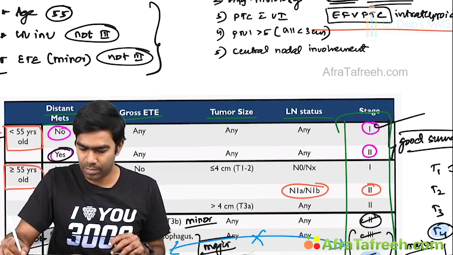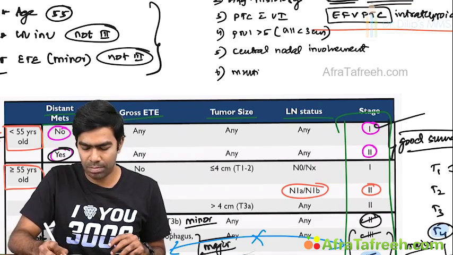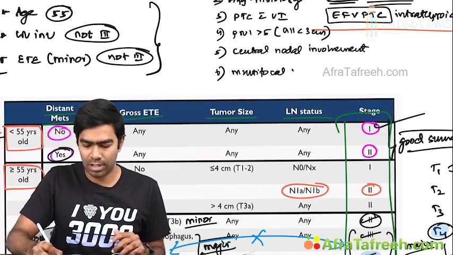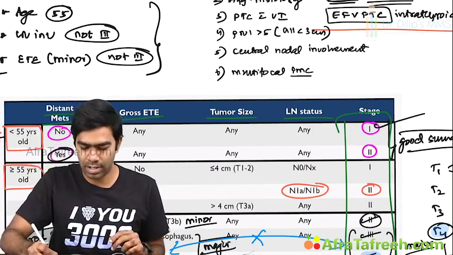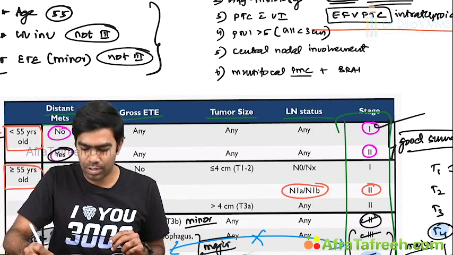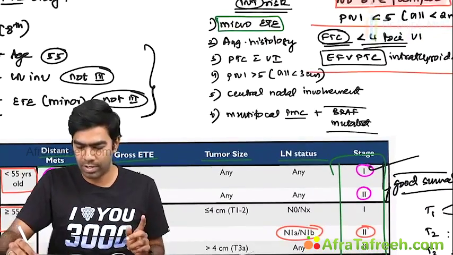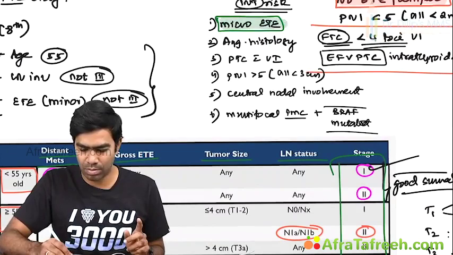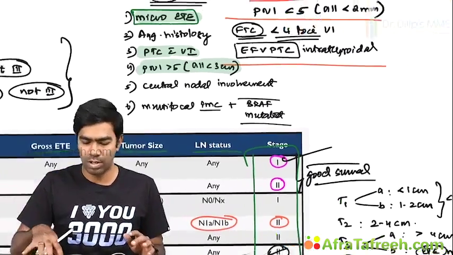Number 4, number 5, number 6, finally, if you have a multifocal papillary thyroid cancer, a papillary microcarcinoma, which means small bits of multifocality, and if they are BRAF mutated, multifocal papillary microcarcinoma plus BRAF mutated variant. So these are the 6 things, but as far as I know, in exams, some of these become the most important. So these 3 things put them under intermediate risk.